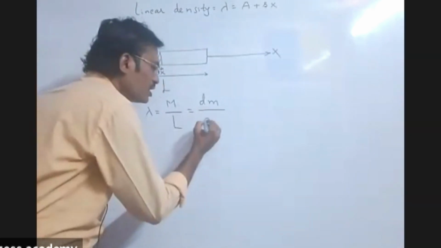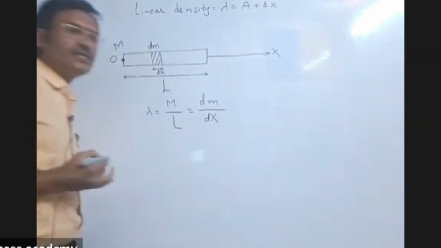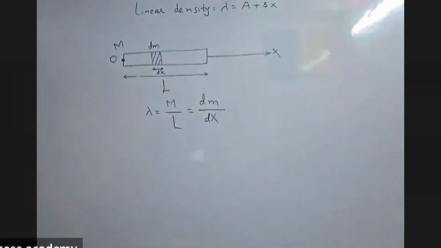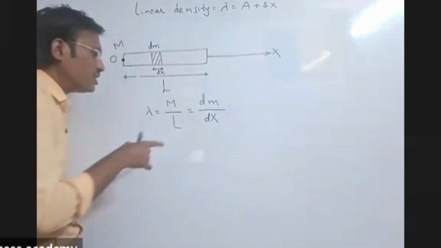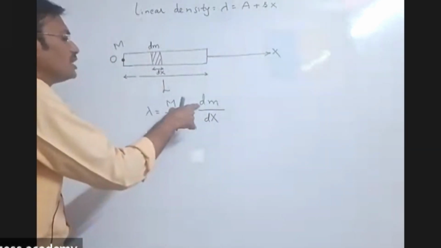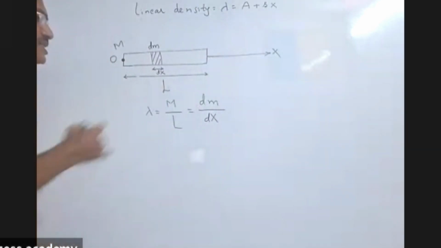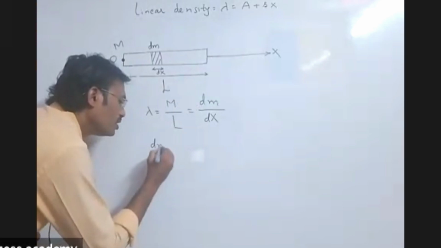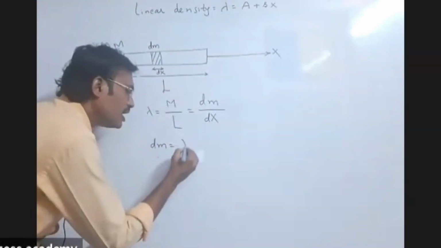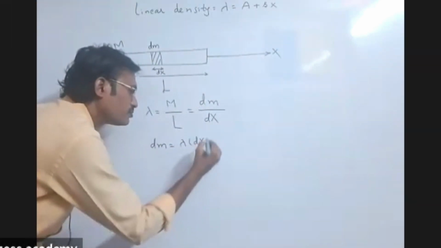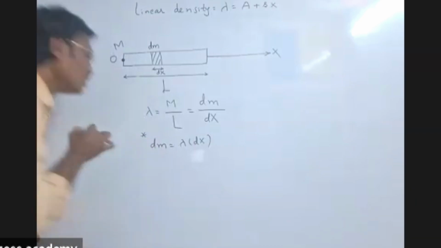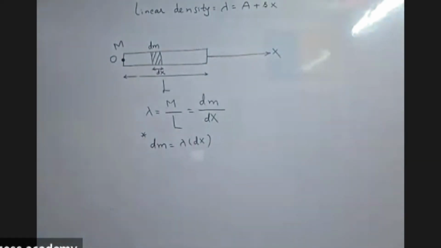Dm. That's why in the place of length I am taking dx. Now dm is equal to, by cross multiplication, lambda into dx. Just remember this.